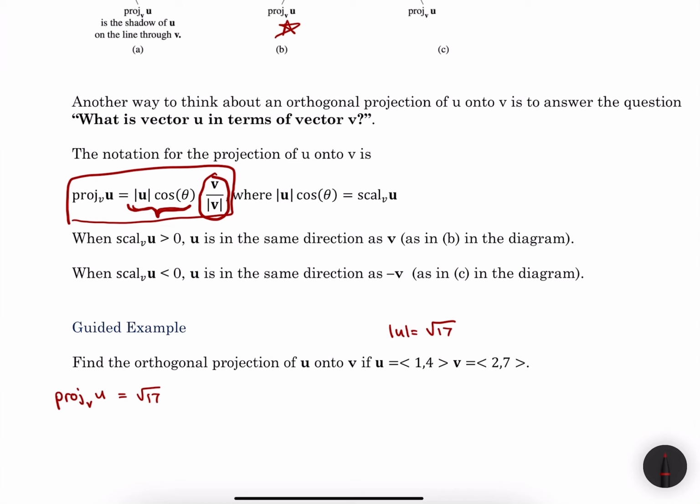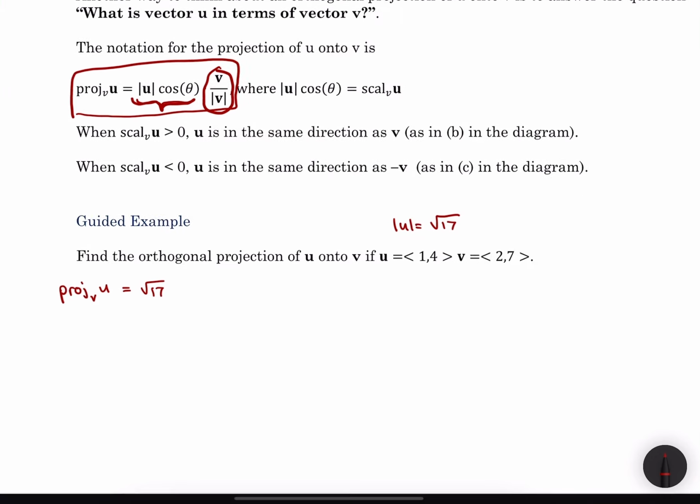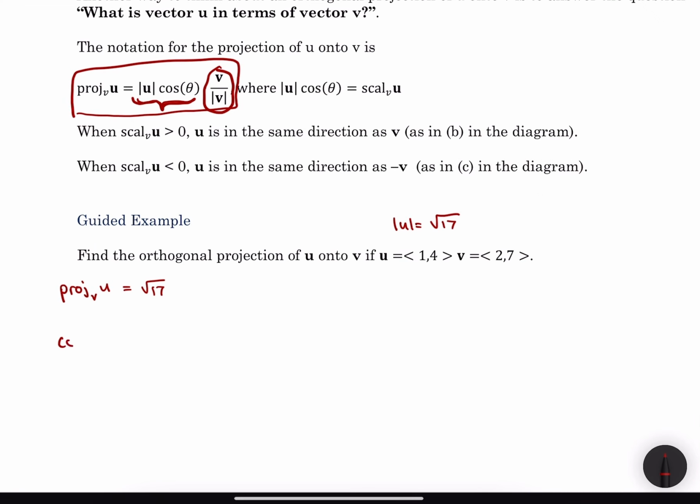And then we have to find the cosine. We have to find theta. Well, actually, we just need to find cosine theta. So remember, cosine theta is going to be the dot product divided by the magnitudes of the two vectors.